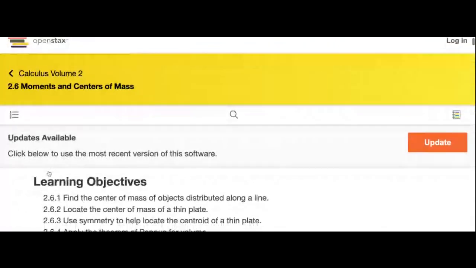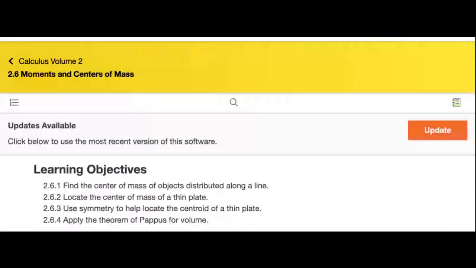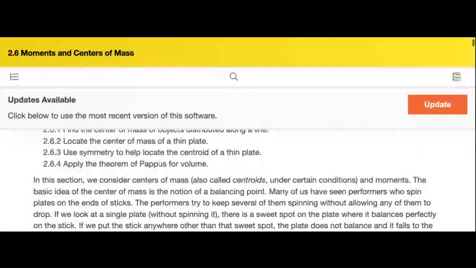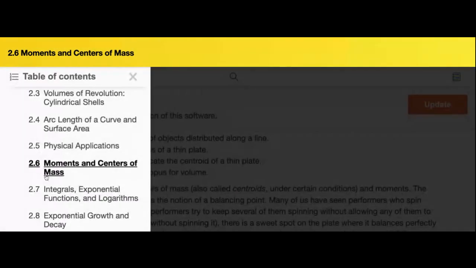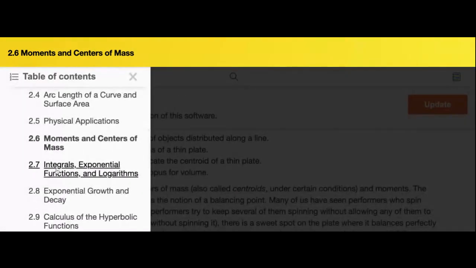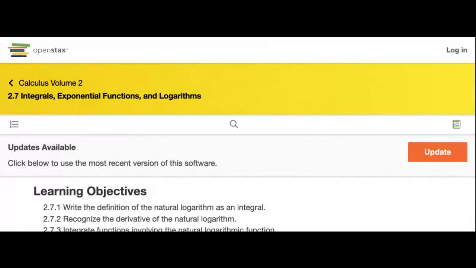Moments and center of mass. Look at the center of mass, I think like use symmetry. Okay, we're going to skip this also. Okay, 2.7. So 2.4 and 2.7. Let me remember that.